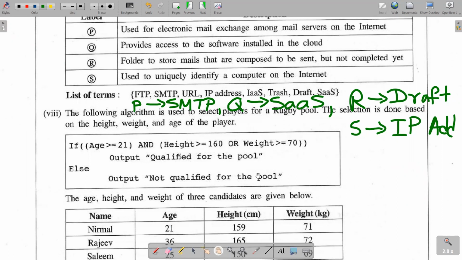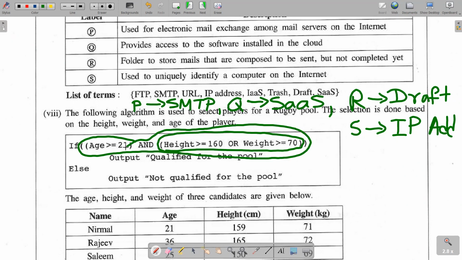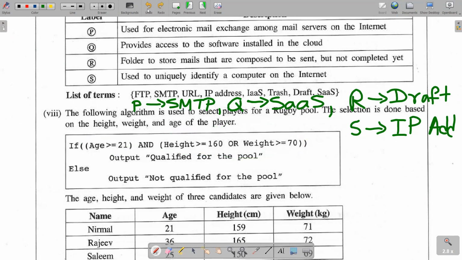So you have to understand these two will be checked first, and will do the AND operation with that answer of it. Right? So that's how it happens.